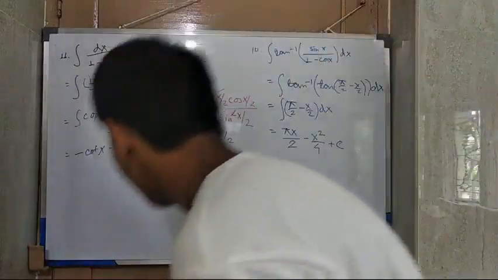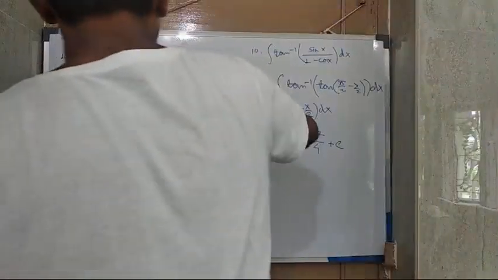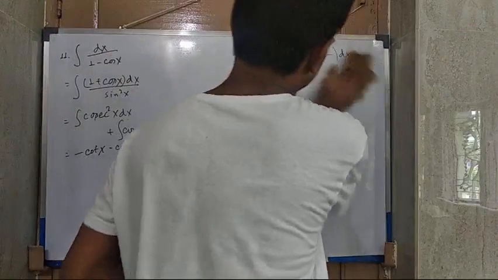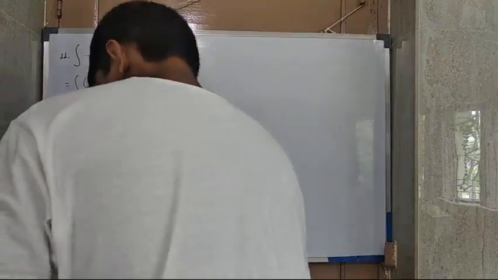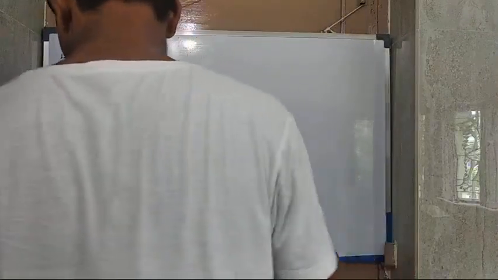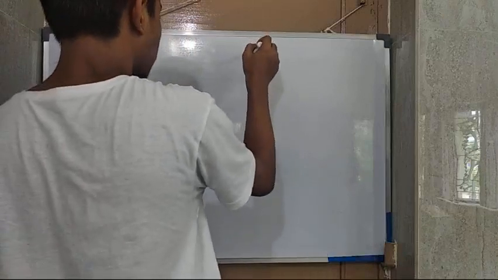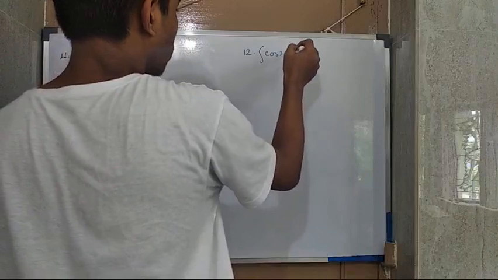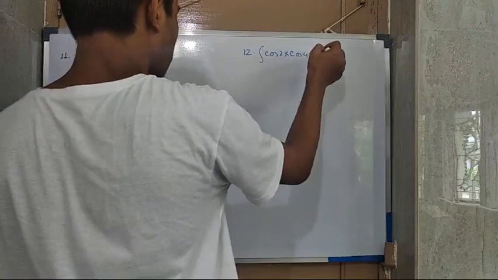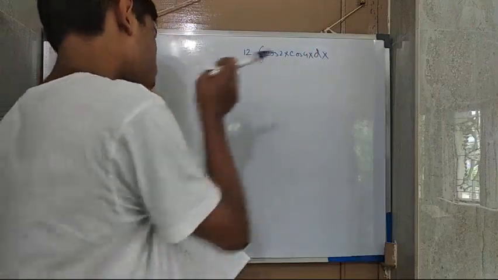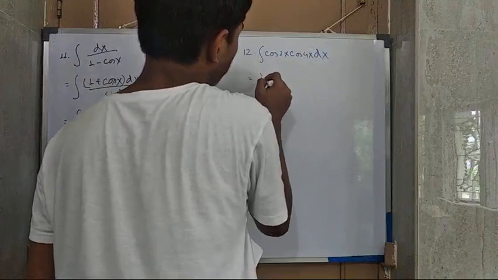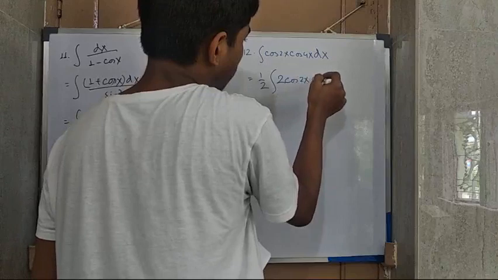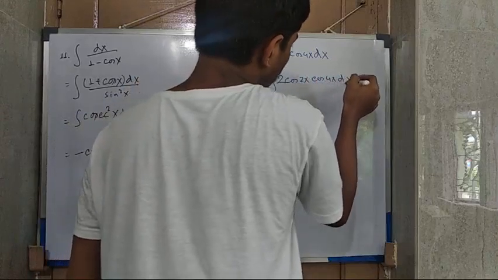Now let's proceed to the 12th integral, which is the integral of cos 2x cos 4x dx. For this integral I am going to multiply and divide by 2, which gives 2 cos 2x cos 4x dx.